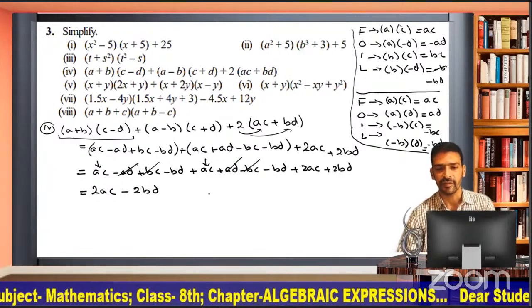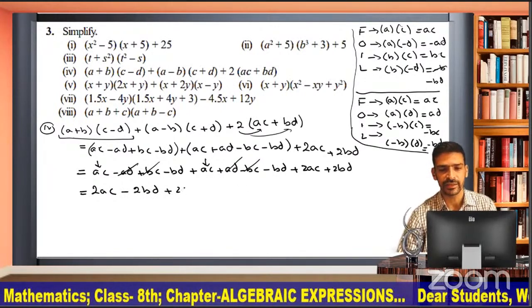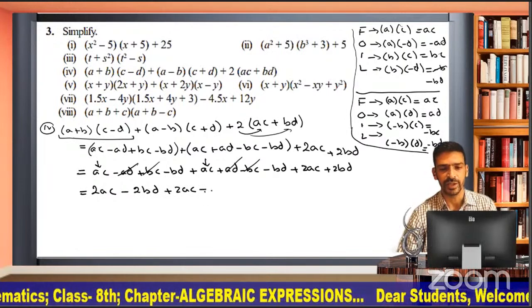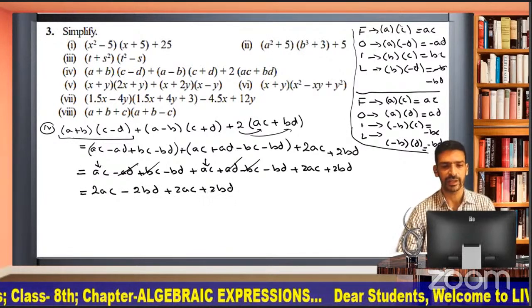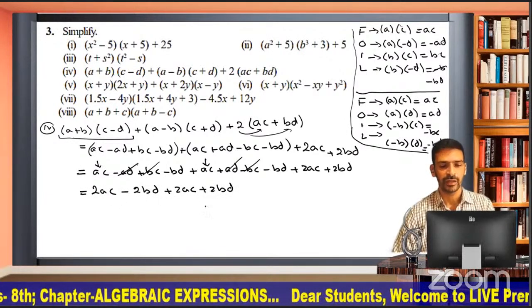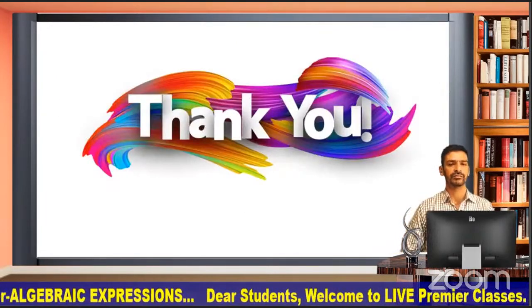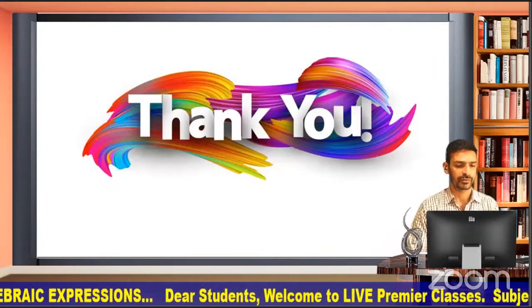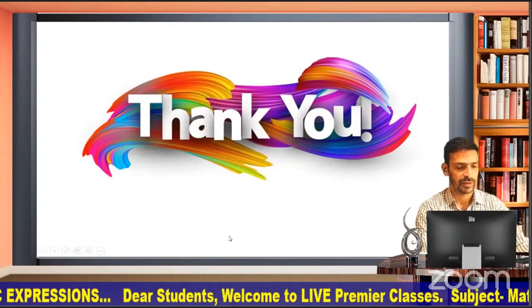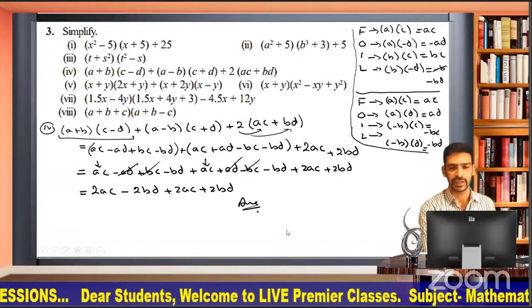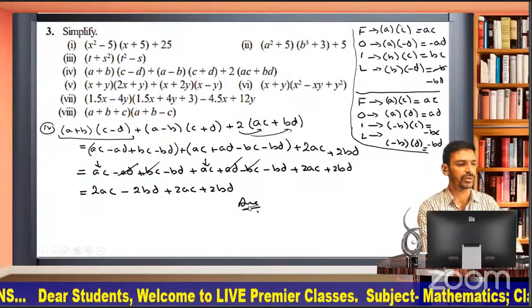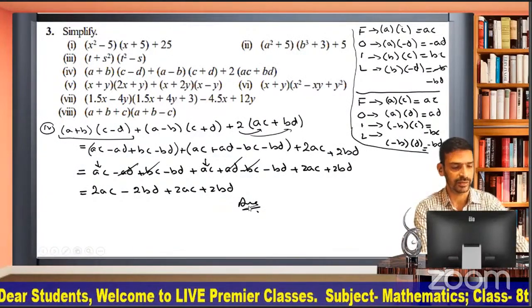Then we have plus 2AC plus 2BD. Okay? Let us put this as an answer. Please see it again. I put out this as the answer.